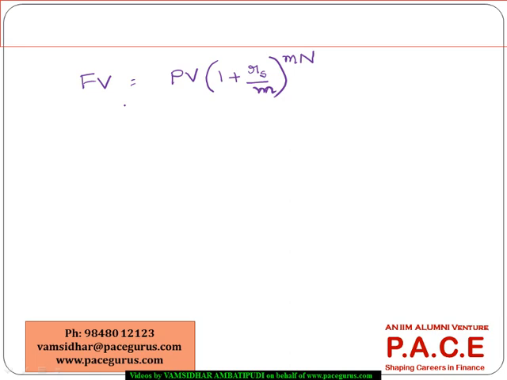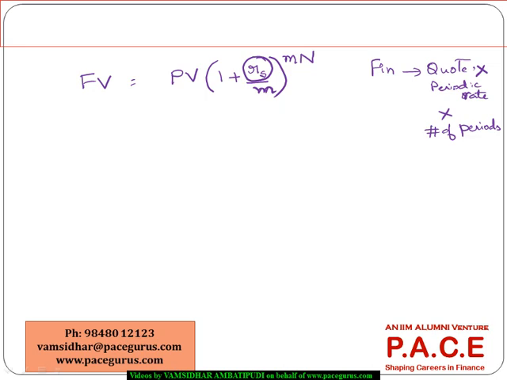But always remember, whatever is being quoted by the financial institutions, that is not the periodic rate. Financial institutions do not quote the periodic rate. They always quote the periodic rate multiplied by number of periods, which is the stated annual rate.